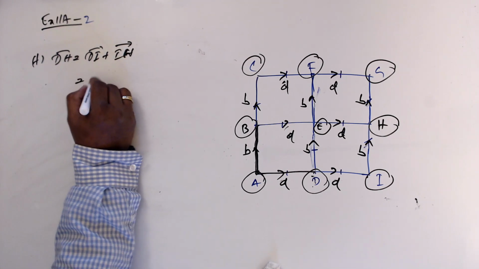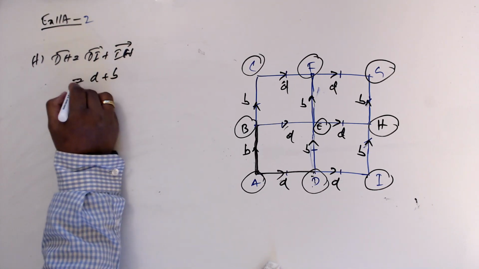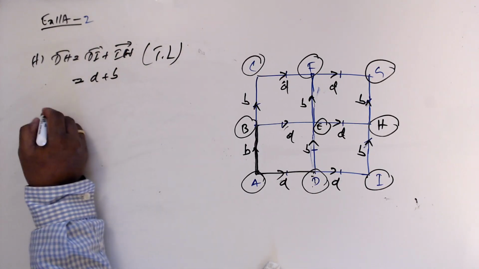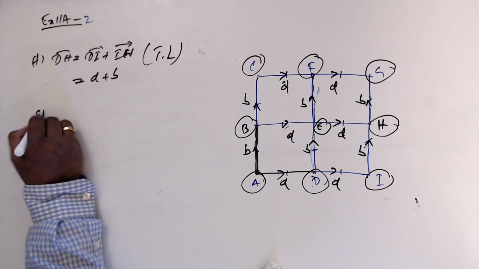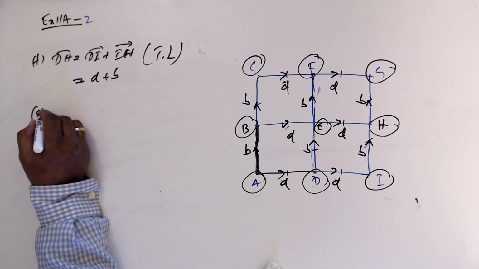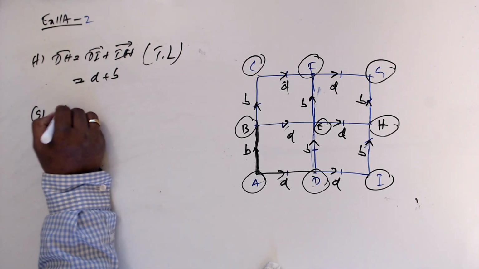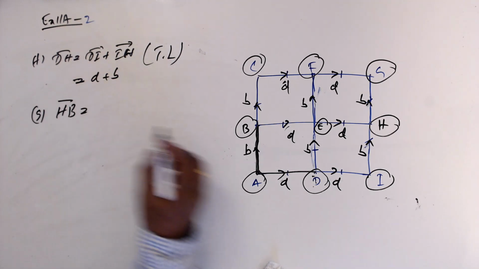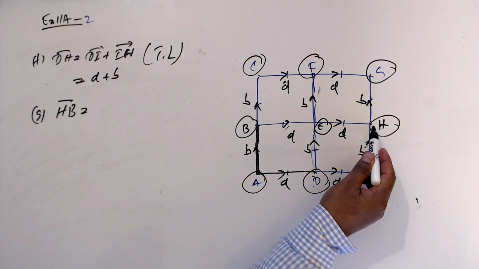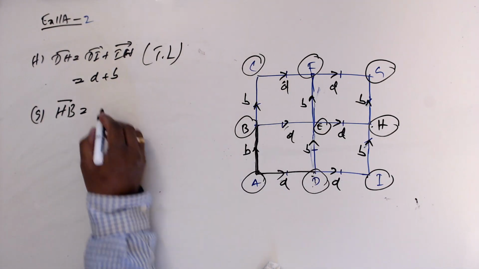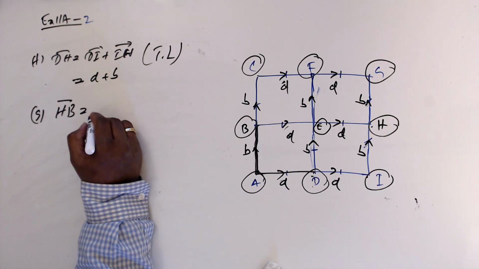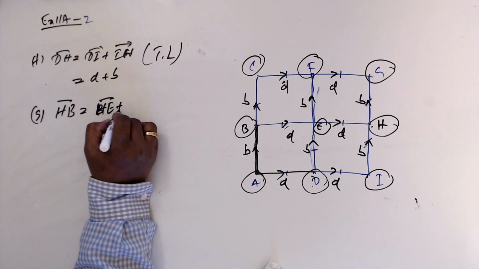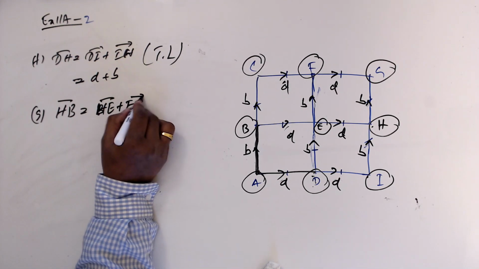So this is D plus B. Then F, G, H, B: HE plus EB.